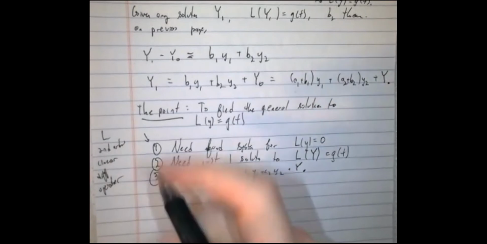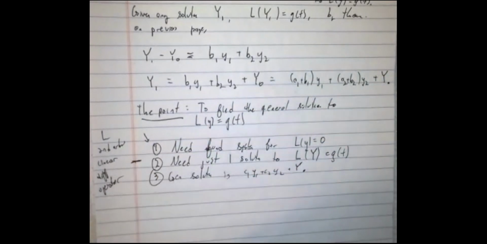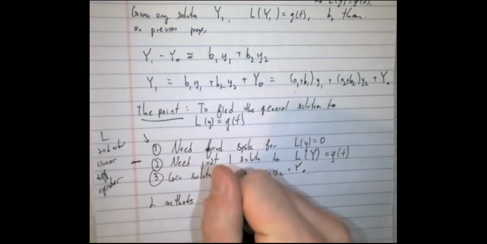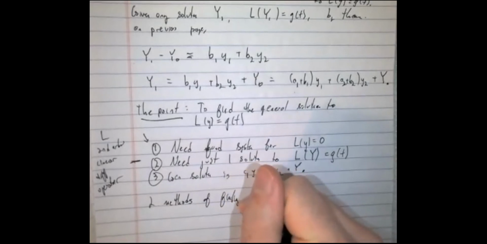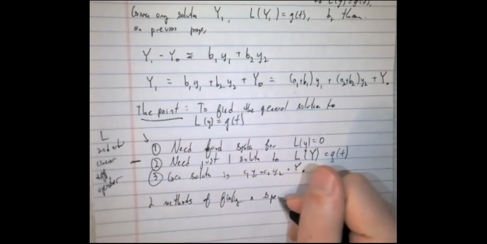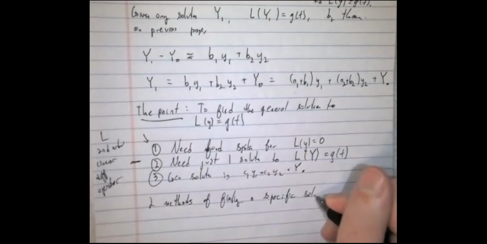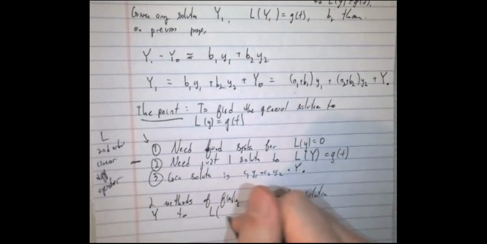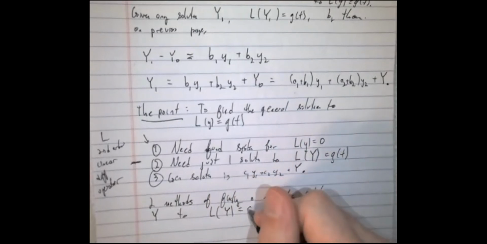So the part of the problem that we're now going to consider is, how do I find one solution to L of y equal to g of t when L is a second order linear differential operator? So there are 2 methods of finding a specific solution y to L of y equal to g of t.